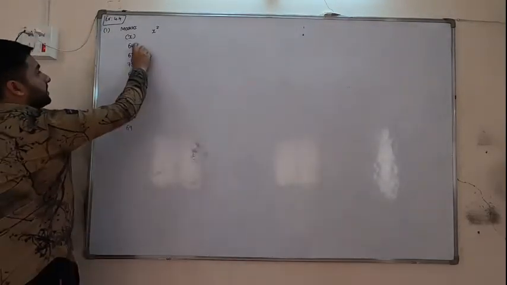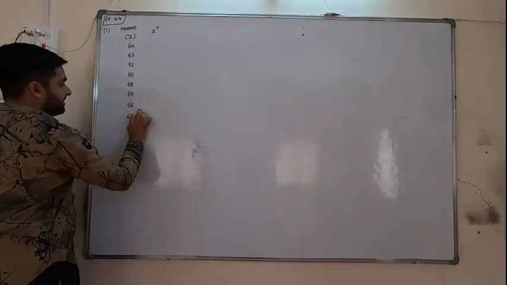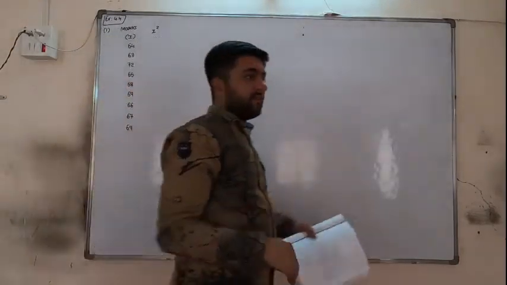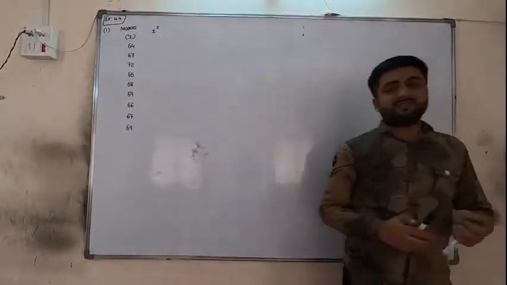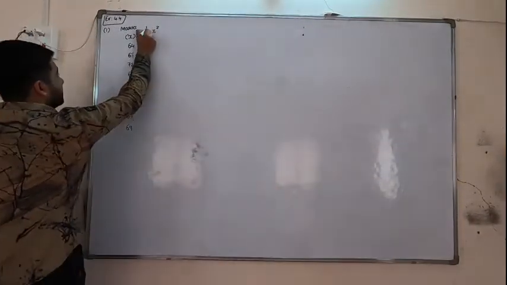Let's calculate. 1, 2, 3, 4, 5, 6, 7, 8, 9. Why we are not arranging? Because we are just finding standard deviation. We are not doing anything else. Okay?